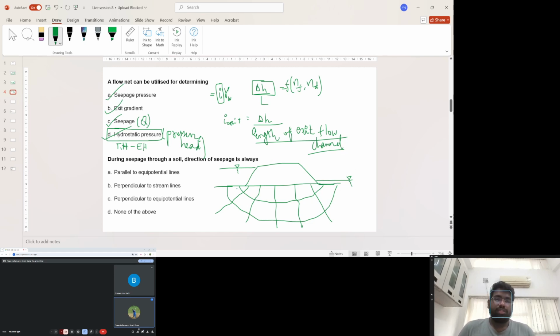So the horizontal lines are flow lines, right? Flow lines. And the space between two horizontal lines is the flow channel. And the lines meeting perpendicularly, that is, the lines intersecting the flow lines perpendicularly, are equipotential lines, right?